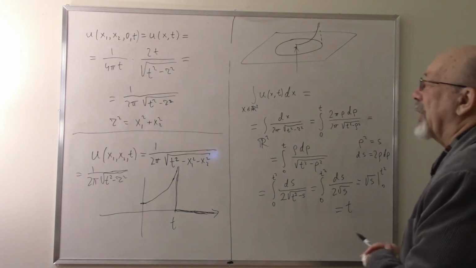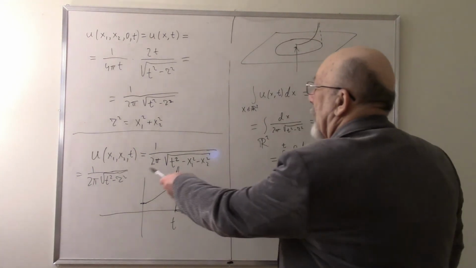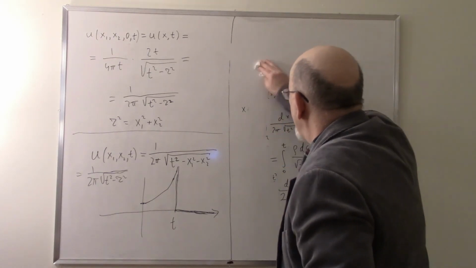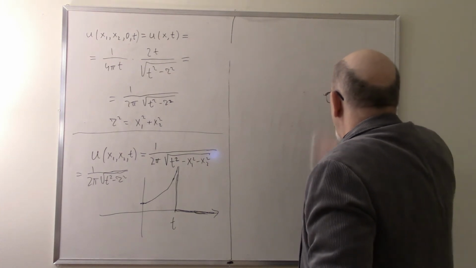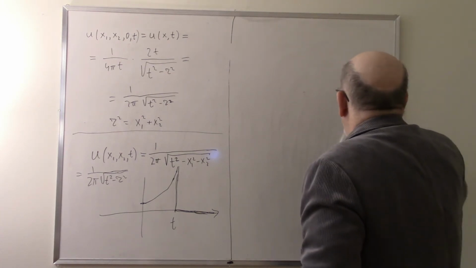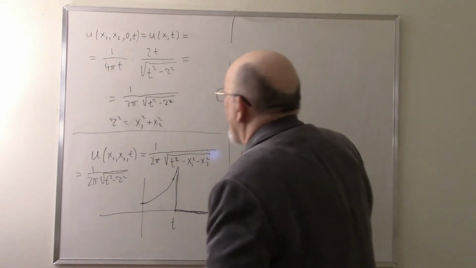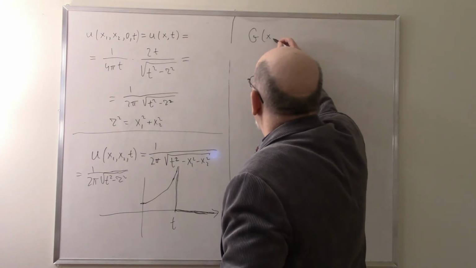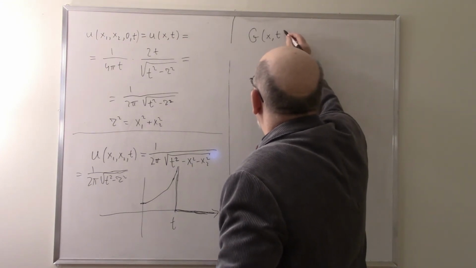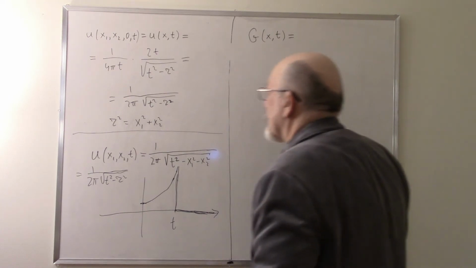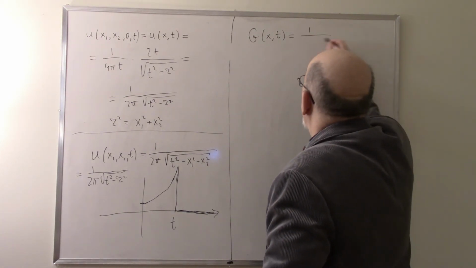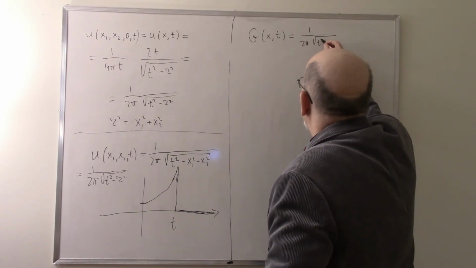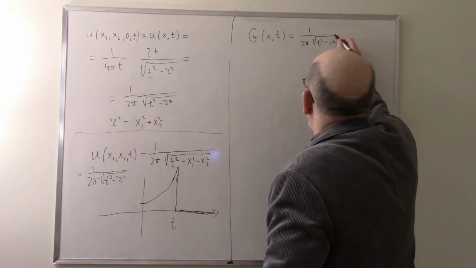So this means that we found this function, our function u, and let me denote this function somehow. I denote this function g of x, t equals 1 over 2 pi square root of t square minus modulus x square.